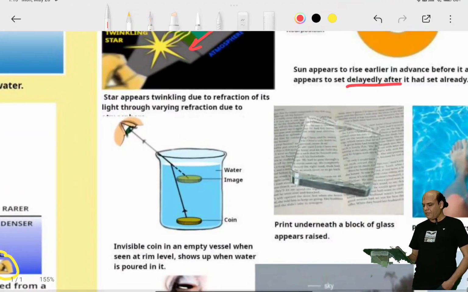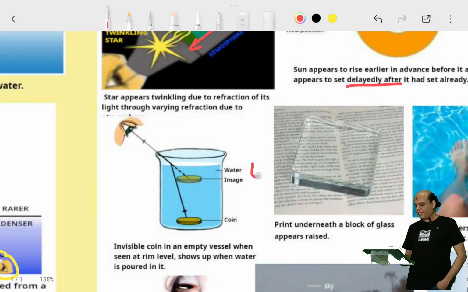Then the third one, suppose there is no water inside this beaker. So when the observer is seeing, he can see like this. So he can't see the coin which is at the bottom of the beaker, because the light from here doesn't reach the observer.